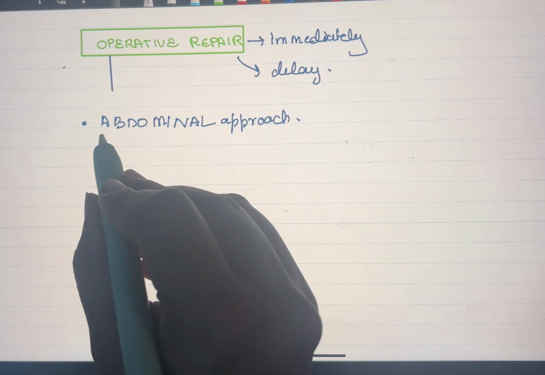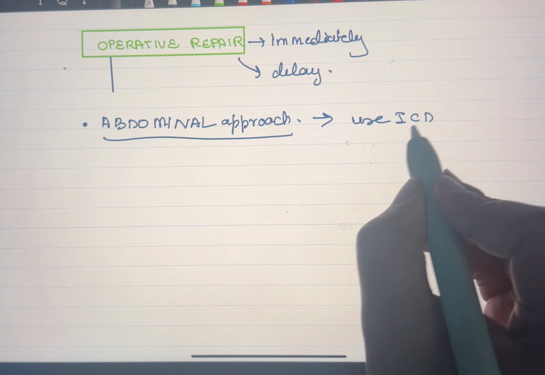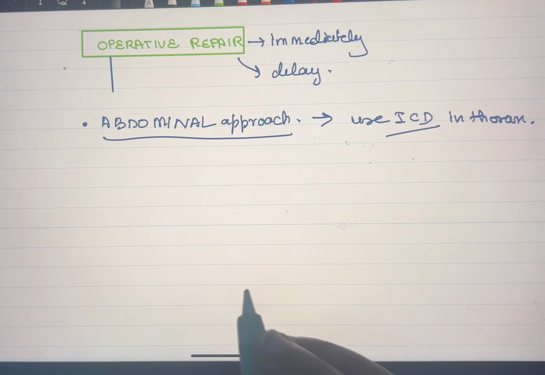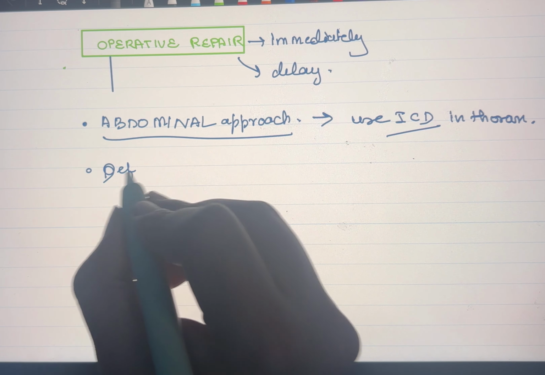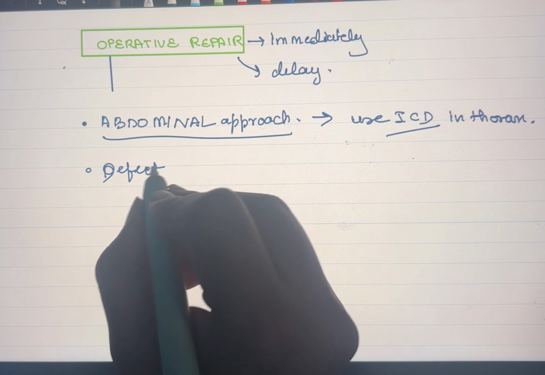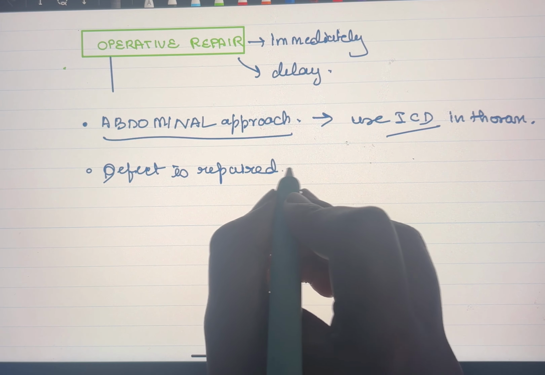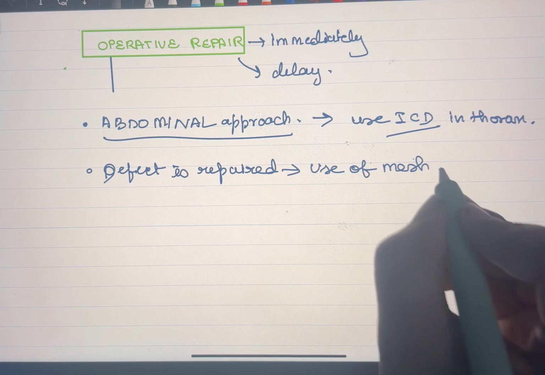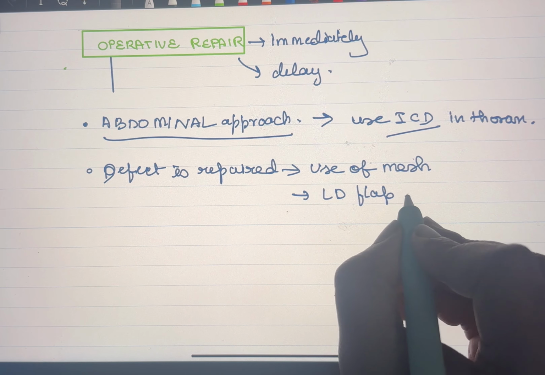Apart from that, we use ICD, that is intercostal drain in thorax, after operation or during operation, and the defect is repaired. The defect present in the diaphragm is repaired by the use of mesh. We can use mesh, or we can use LD flap also, that is latissimus dorsi flap.